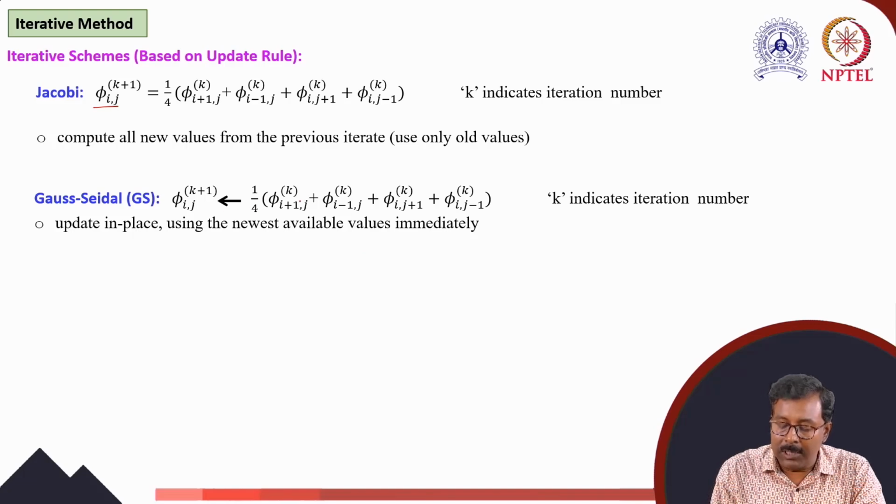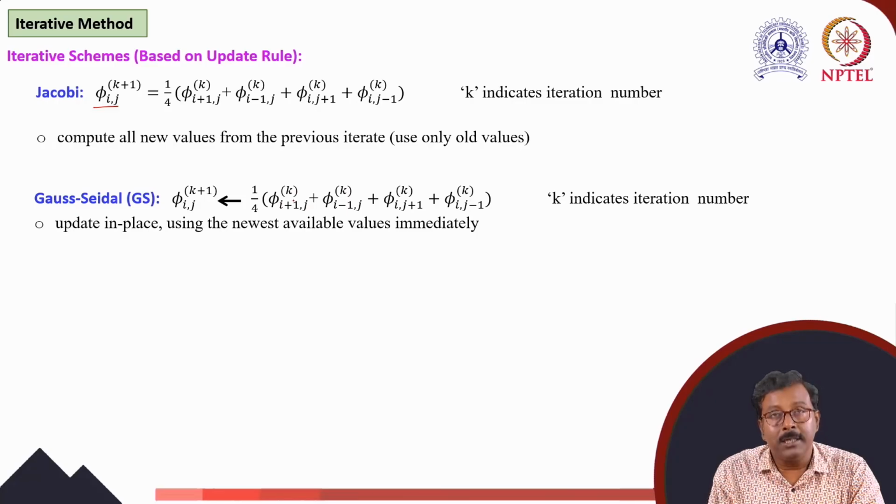But during this process, if any node value, say I plus 1 j node, is already updated in the same iteration, then the latest updated value should be used in calculating phi ij at k plus 1. It will be more clear when we do this through some example.